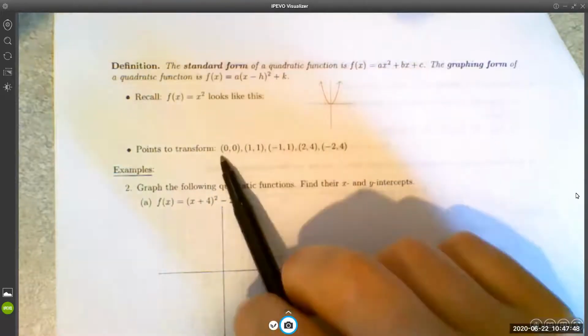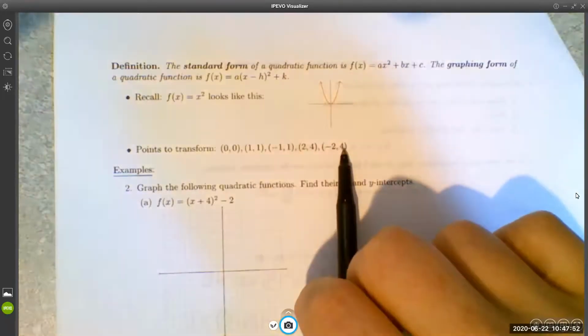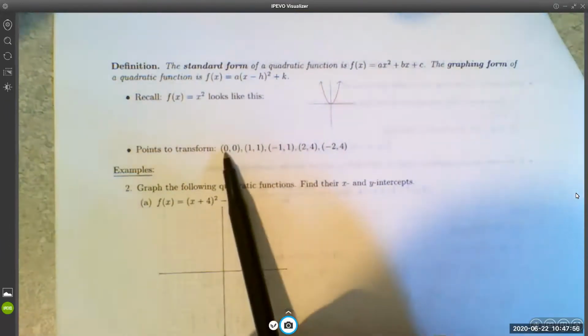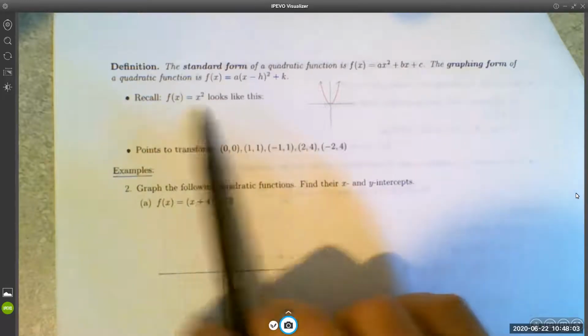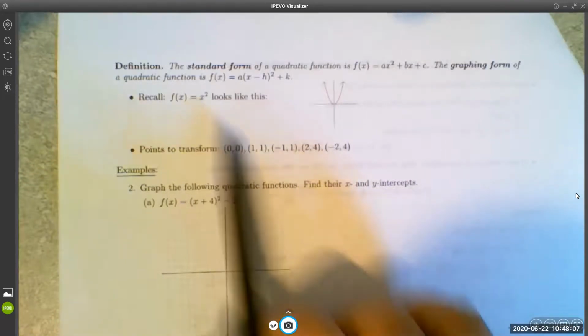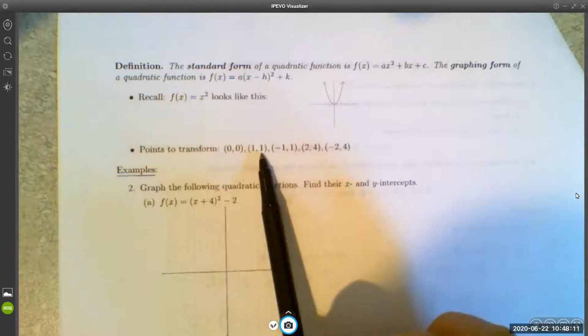By the way, you shouldn't have to memorize this list. This should be fairly obvious, right? Remember that your x coordinate is the input value and the y coordinate is the output value. So if you think about the function f of x equals x squared, when I input a 0, I'm going to get out a 0. When I input a 1, I'm going to get out a 1.